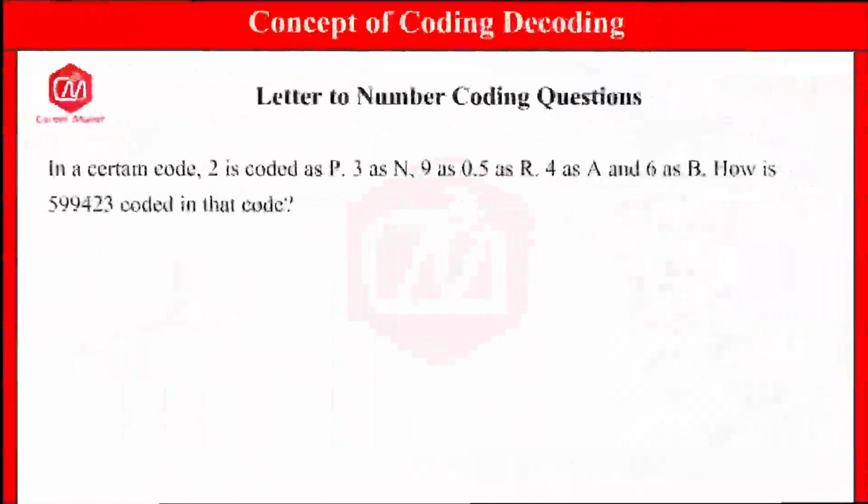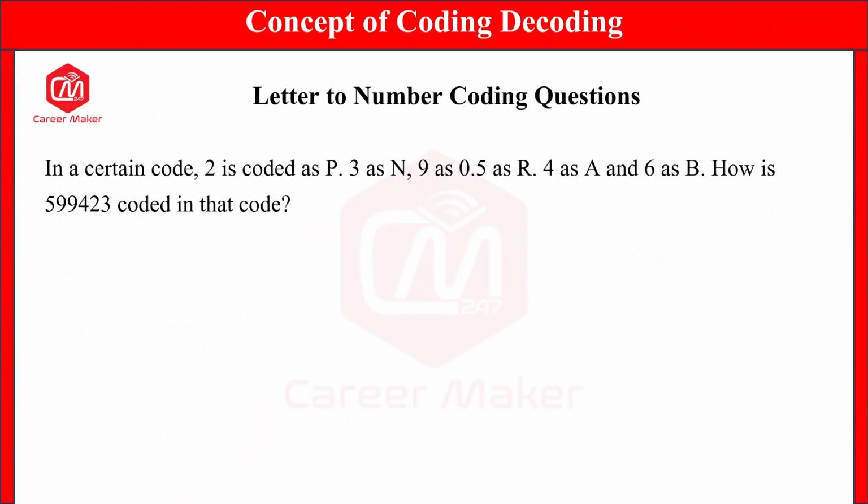Now moving forward, it's letter to number coding. Obviously it is letter to number coding or number to letter coding, both are possible, because they can ask you from anywhere to anywhere. From letter to number they will give you a code, or number to letter they will give you a code. For example, in this question you see the numbers are coded in this form.